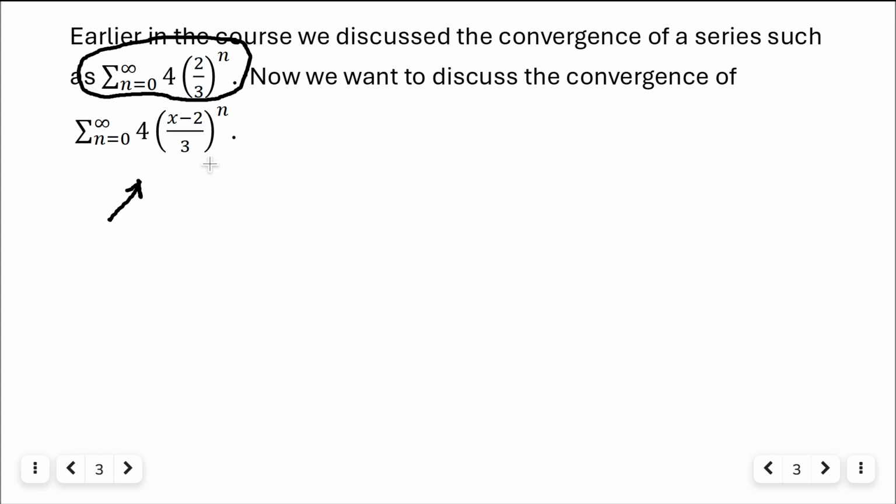That geometric series could converge or it could diverge. I don't know, right? So I literally have to figure out which values of x are going to make this thing converge and diverge. And that's what this part of the chapter is all about.